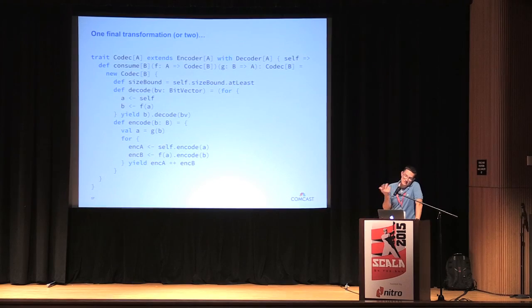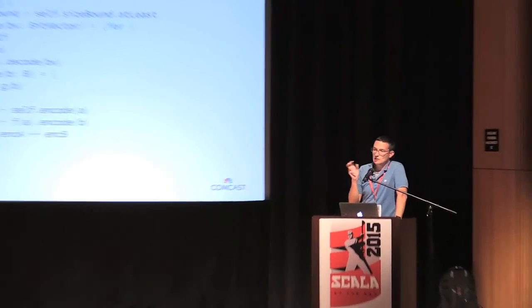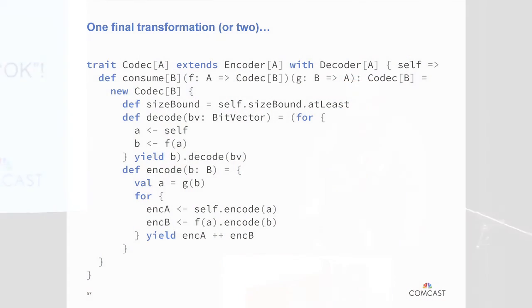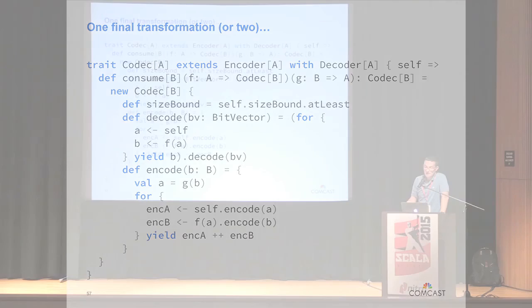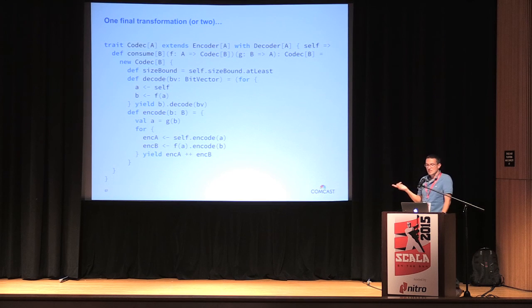Basically, this signature we can come up with by just looking at the types of things we're doing with flat map. When we looked back at this previous example, we were reading a size field and then using that size field to figure out how many more bytes to read into the next field. So just by studying that, we can say that in that particular example, when we're decoding, we're going to use the decoded value to figure out how to decode what comes next.